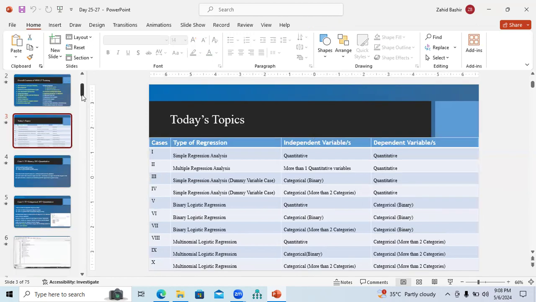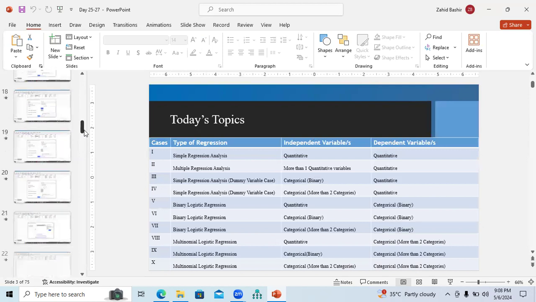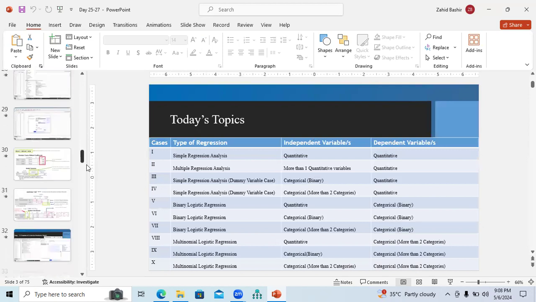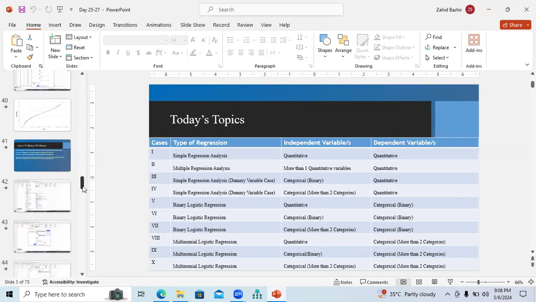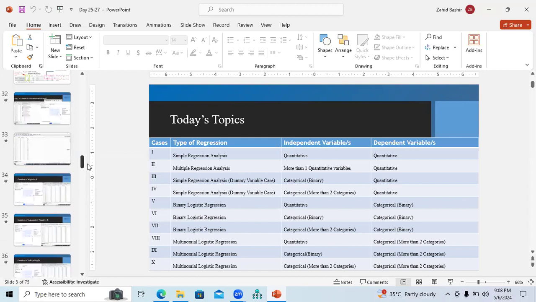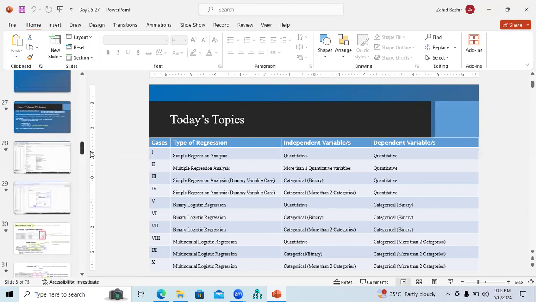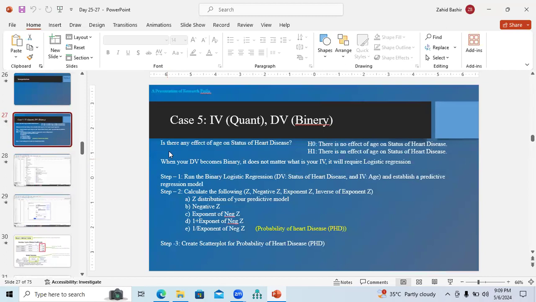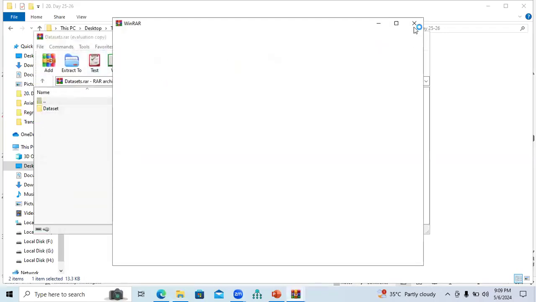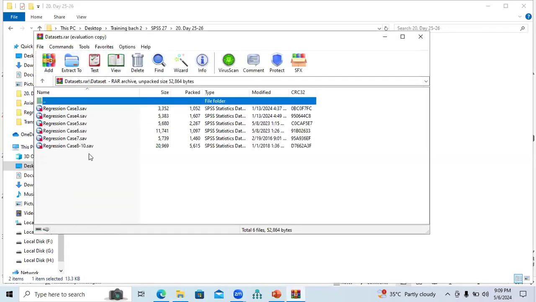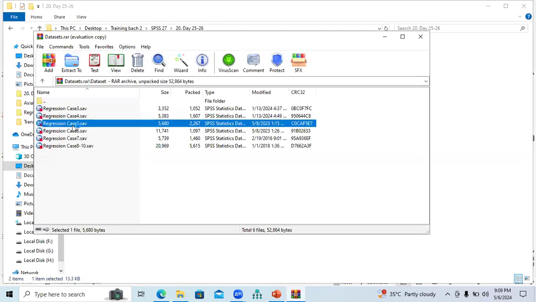As I have shared the data set already with both of the participants, I will start right from the case where we have discussed case number 5 as a regression analysis. So here it comes, case number 5. From the data that I have already shared with both of the participants, you need to open the case 5 data set from here.